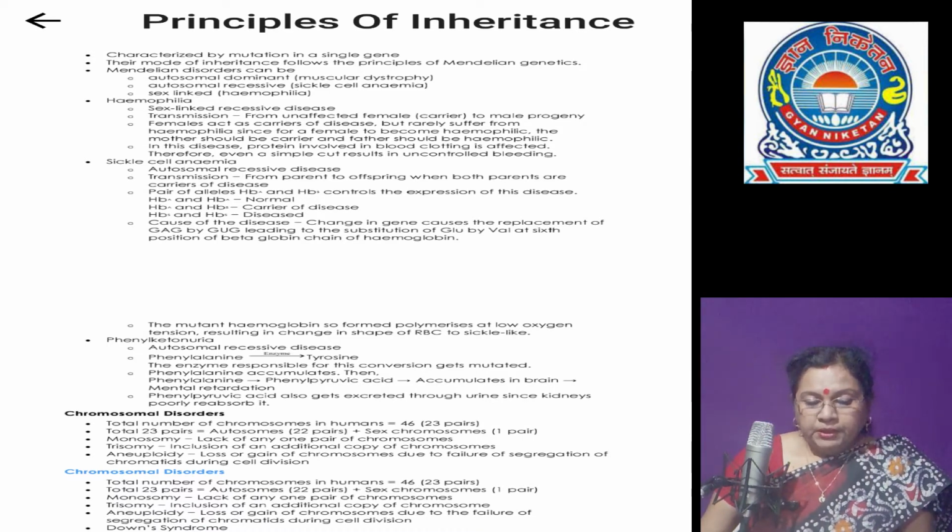Because the gene for hemophilia is located on the X chromosome, males suffer from hemophilia more than females, because in males a single gene for the defect is able to express as they have only one X chromosome.